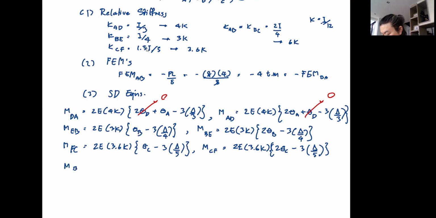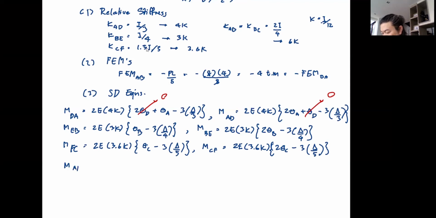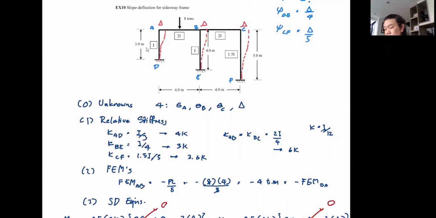We have MBC. Why I start with MBC? Let's start with MAB. Okay. MAB, 2E, 6K now, 2 theta A plus theta B. Remember that this is your beam member. Let's go back up. You see, this member, one of its joints, which is joint A, it moves to the side, right? So this member will have the moment due to joint displacement.